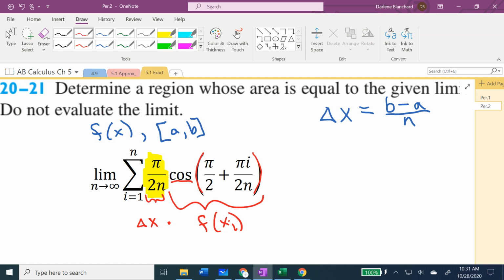And what I see there does have n in the denominator. And in this case, what is my b minus a? If my delta x is pi divided by 2n, I could rewrite that as pi over 2 divided by n.